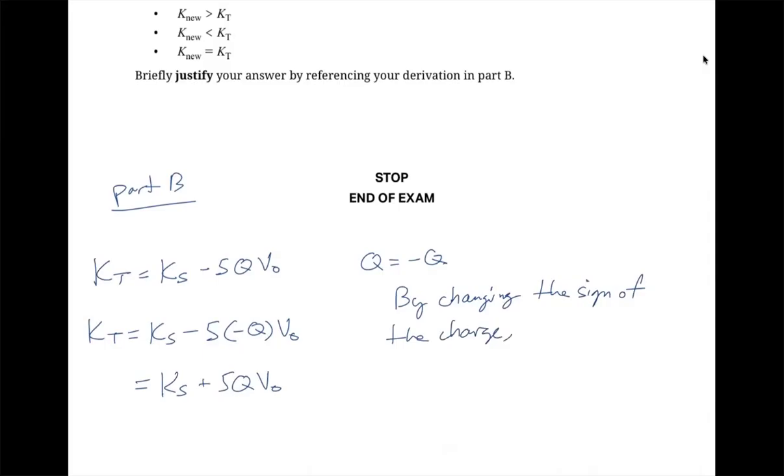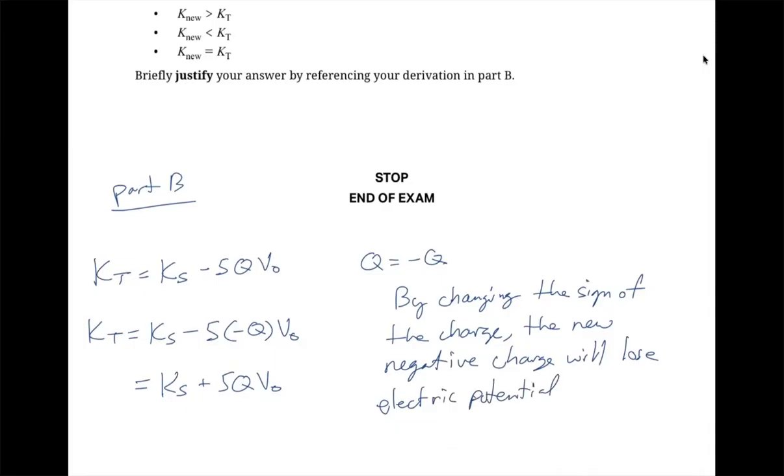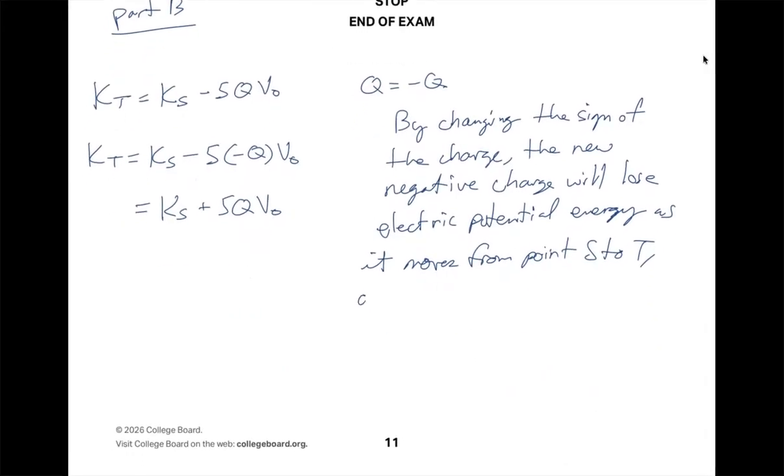a negative charge will actually lose electric potential energy moving from S to T, and therefore gain kinetic energy.